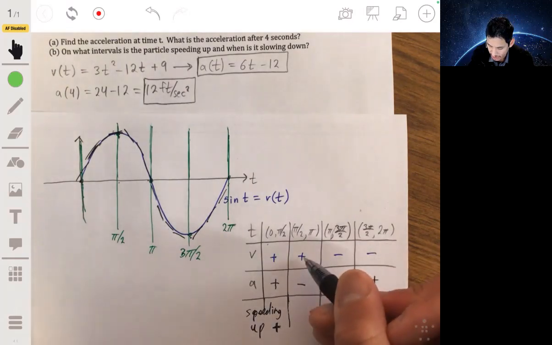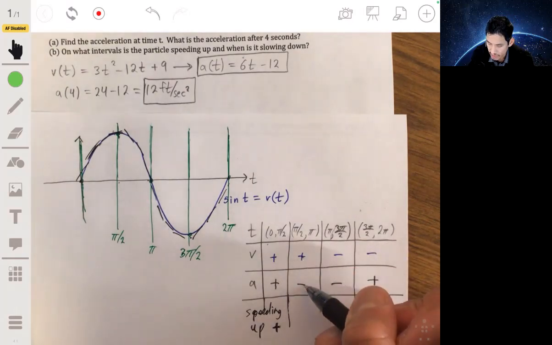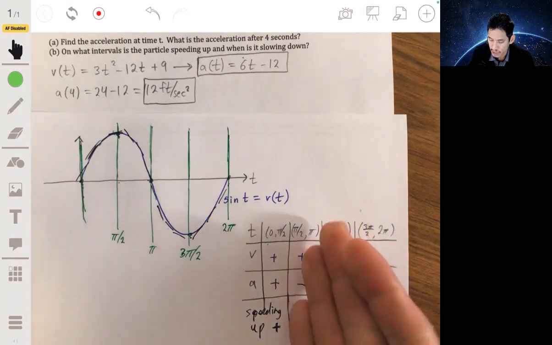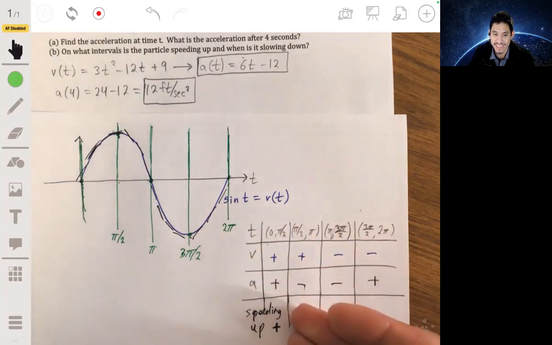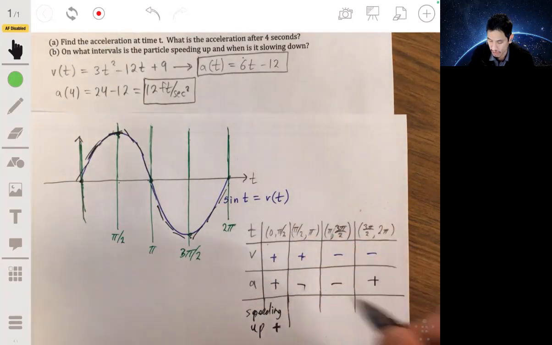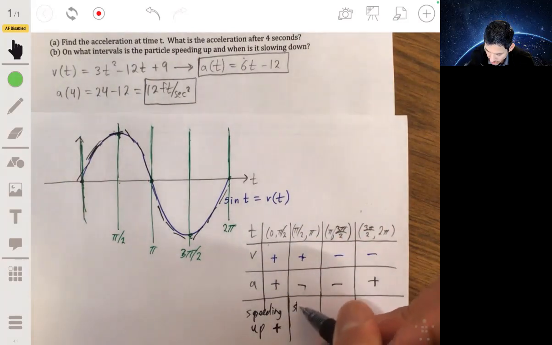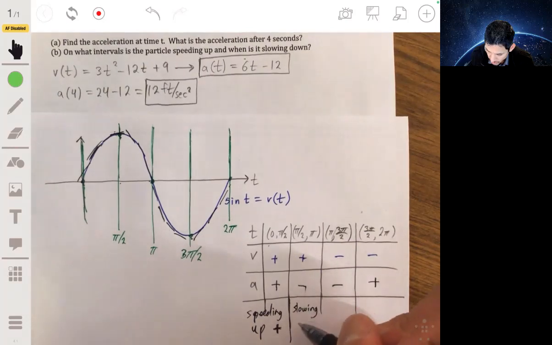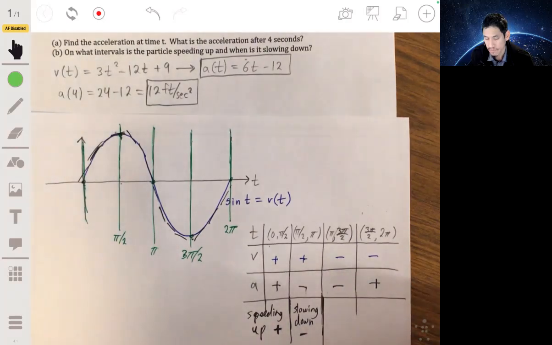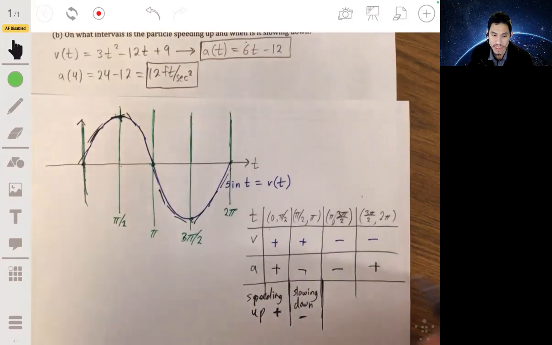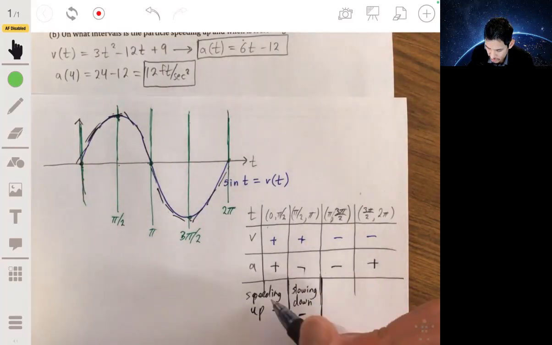Now here, velocity is positive, but acceleration is negative. So it's still moving in the positive direction, but the velocity is decreasing. It's slowing down here.